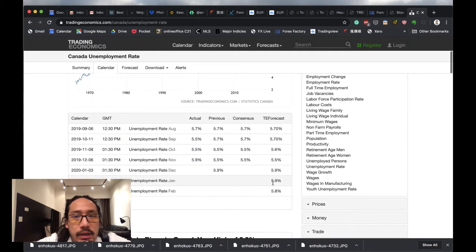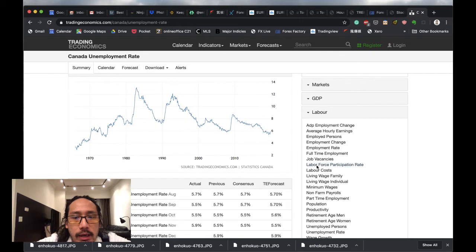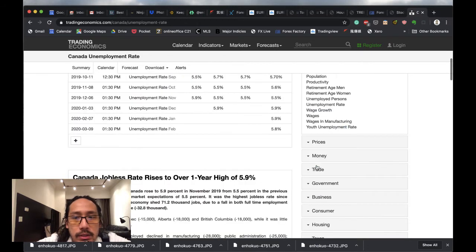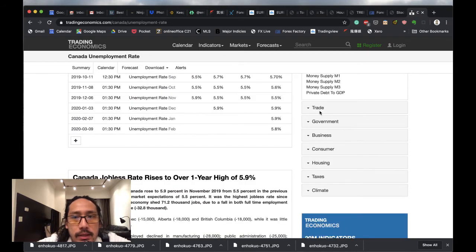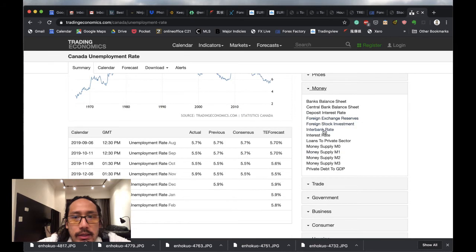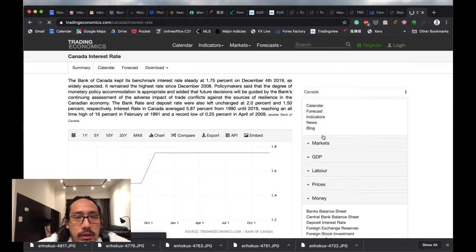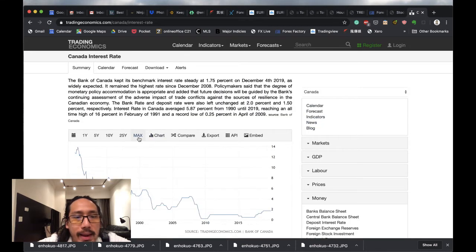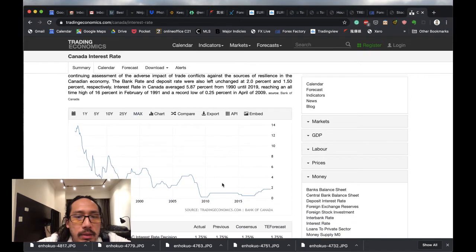Now, the second thing you want to look at, as I mentioned, is the interest rate. So if you look at the money supply and you look at the interest rate, and again, you want to zoom out to the max, you'll see that people will keep saying, oh, interest rate is going higher and higher. If I zoom out right away, you'll see back then in history, interest rate went as high as 14%, double digit.